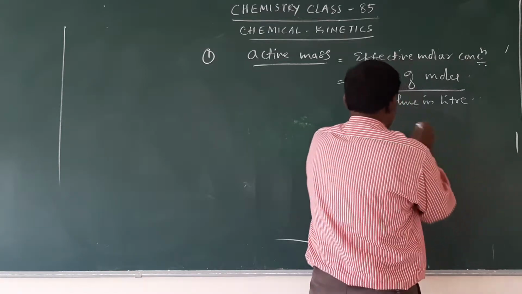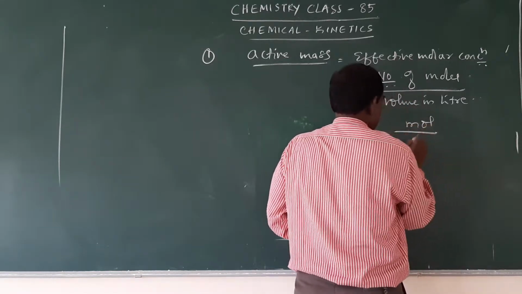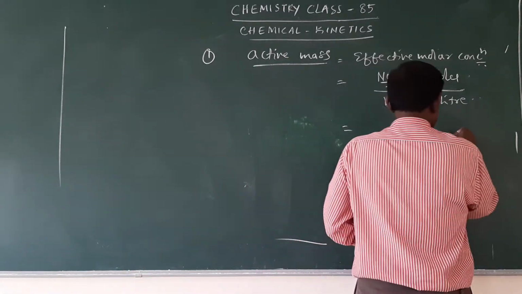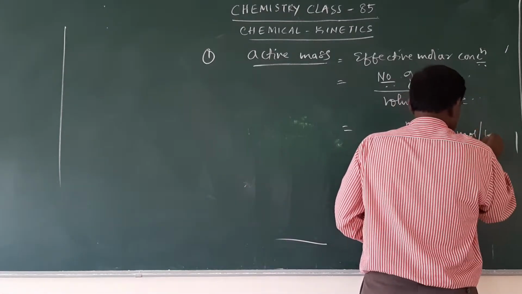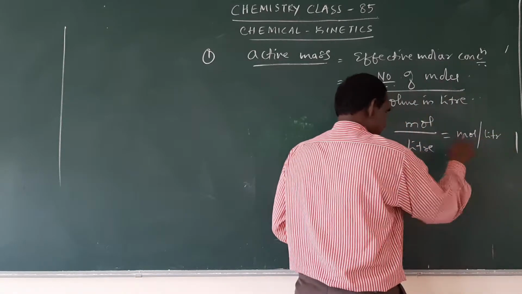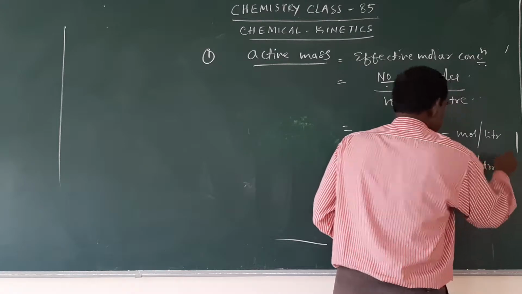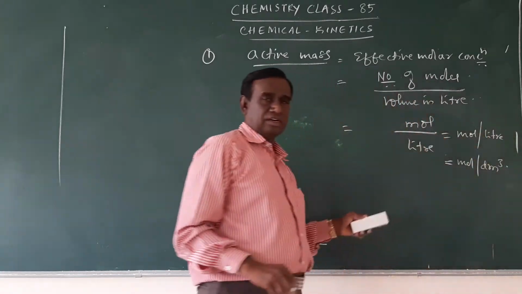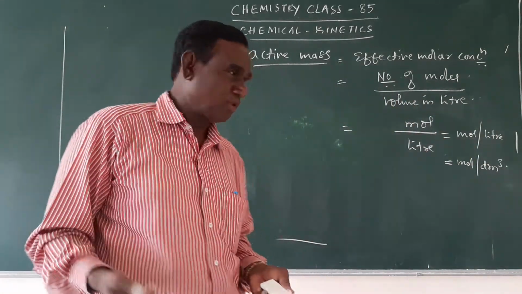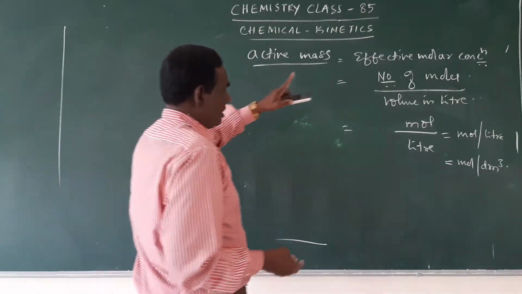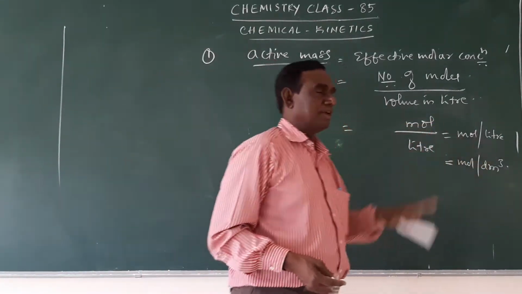If the volume is taken in decimeter cube, it is mole per dm cube. So the unit of active mass is mole per liter or mole per dm cube.